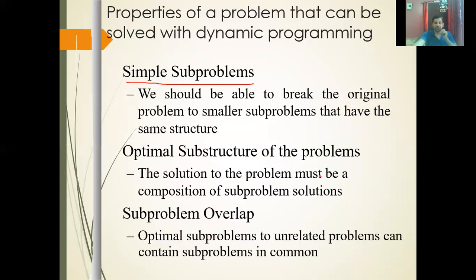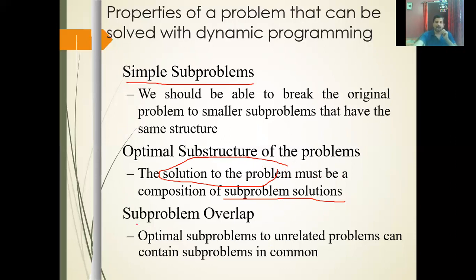Optimal structure of the problem: the solution to the problem must be a composition of the subproblem solutions. If I want to find the solution for a problem, that solution is a composition of the subproblem solutions. So first we find the solution for the subproblem, and later use that solution to solve the bigger instance.